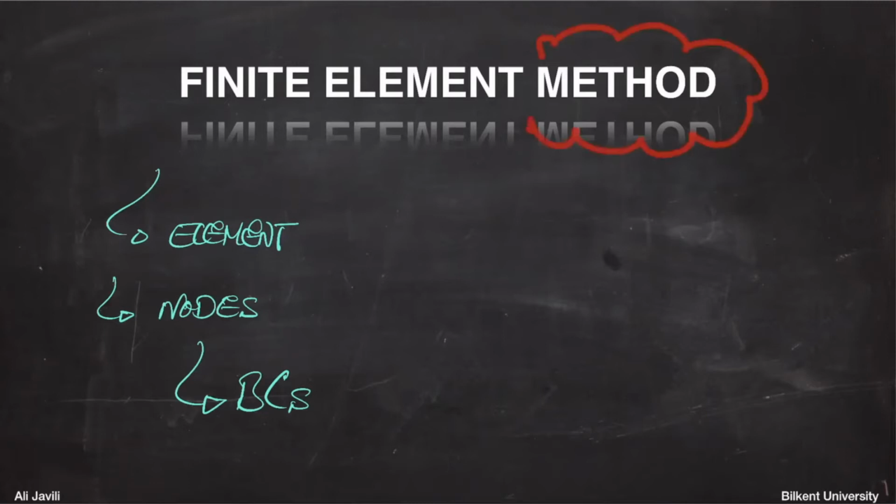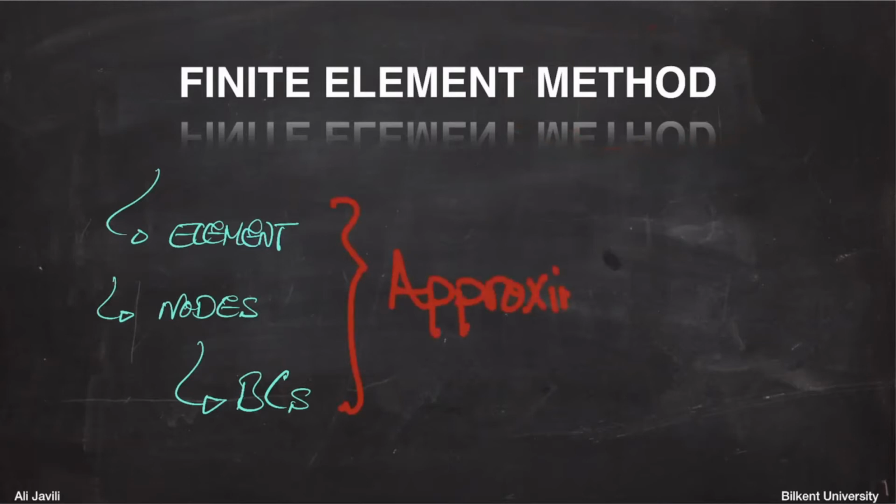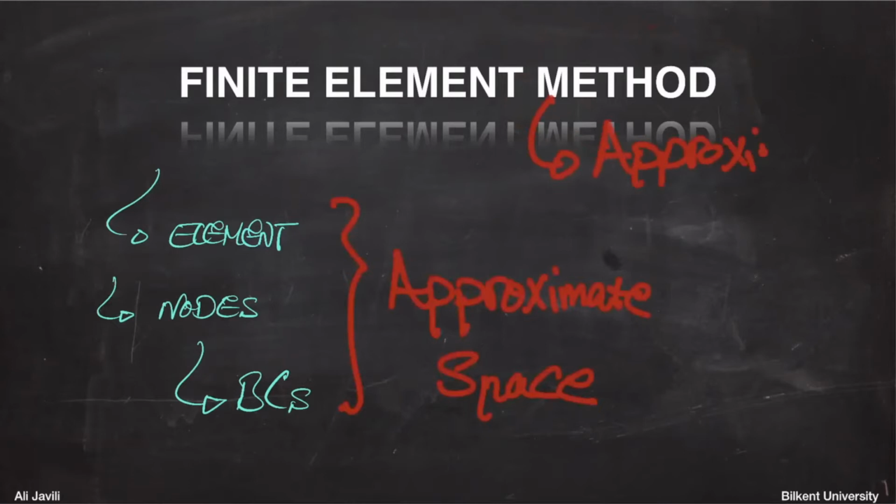It is very important to pay attention that in the finite element method, we approximate the space. So we discretize the space, but that is not the only approximation. We also approximate, let's say, equations.